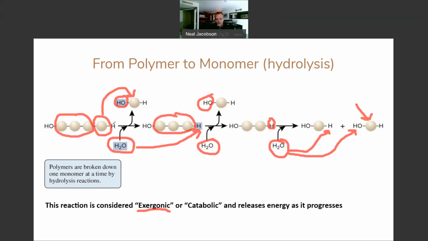And so the starting molecule that has 4 glucoses attached, the starting polymer, is in a higher energy state.